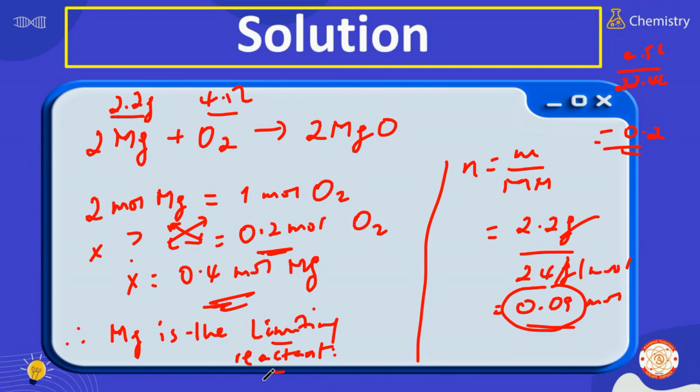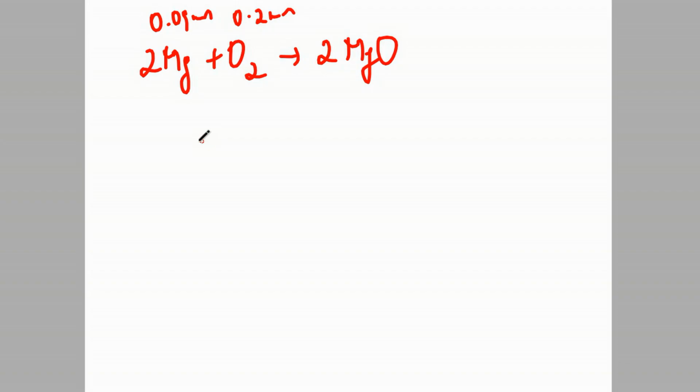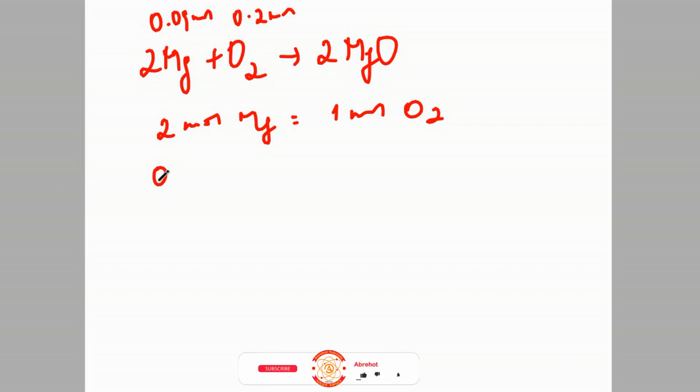So now let's do it with the amount of magnesium and see if we arrive at the same conclusion or not. So remember, the balanced chemical equation tells us for every 2 moles of magnesium, 1 mole of oxygen is needed.